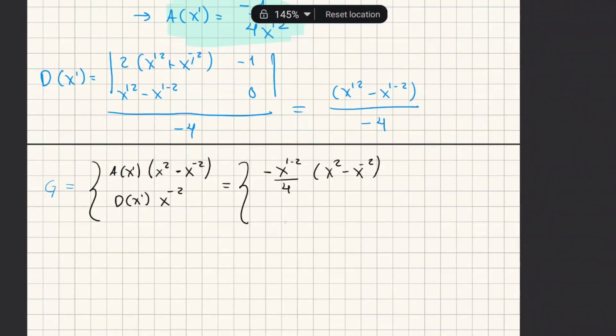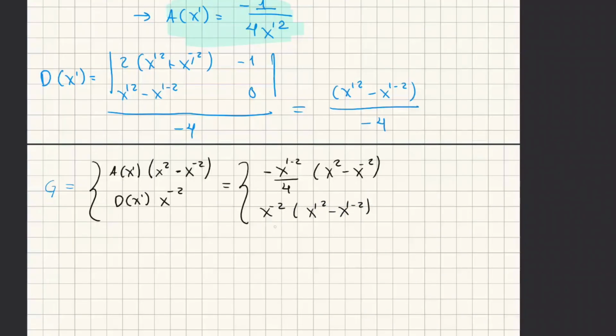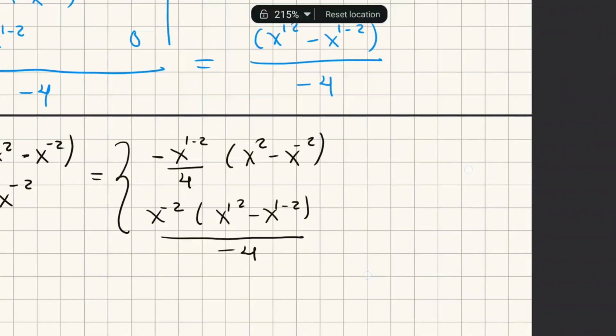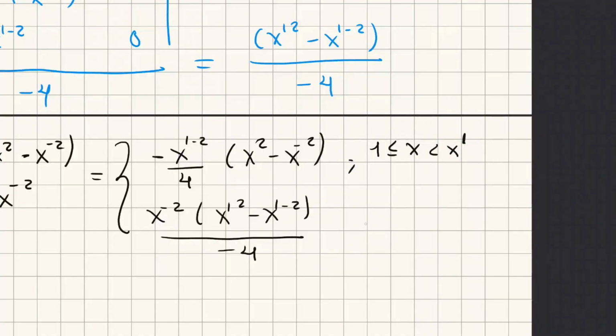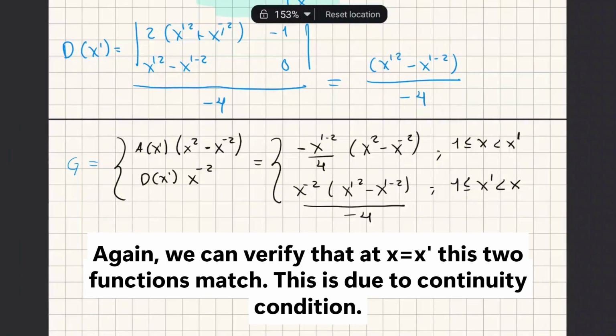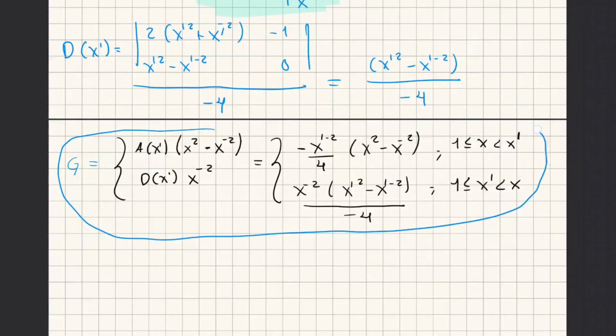And for this piece, we have that x to the negative 2 multiplies x prime squared minus x prime to the negative 2, all divided by minus 4. Okay, perfect. Let's recall again that this is for 1 less than or equal to x and less than x prime. And then we will have 1 less than or equal to x prime less than x. Okay, so this will be the green function of the differential equation shown at the beginning of the lesson.